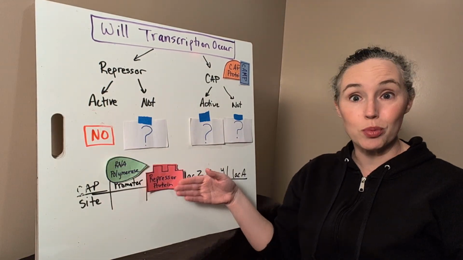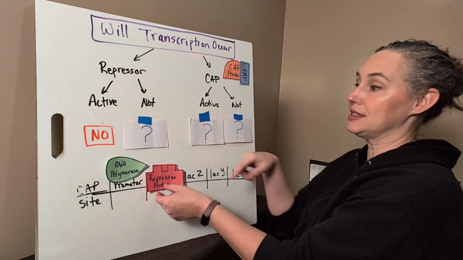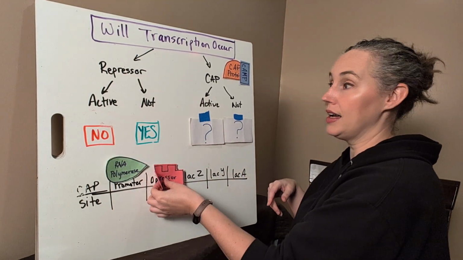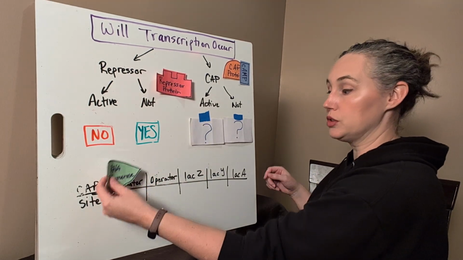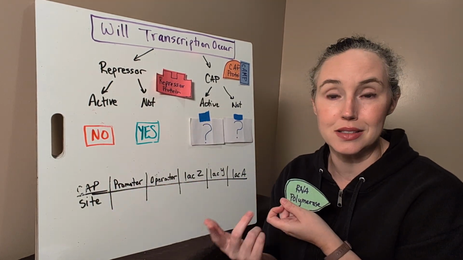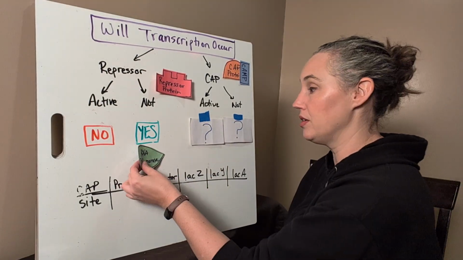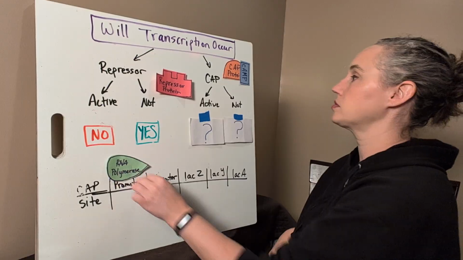No, because the repressor is blocking RNA polymerase. If the repressor is not there, hey, then yes, we will get transcription. I encourage you to make yourself a little set of these things and play with it so that you can play out different scenarios, just as I'm doing.